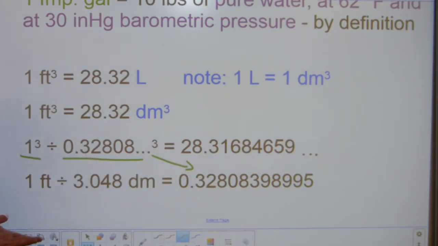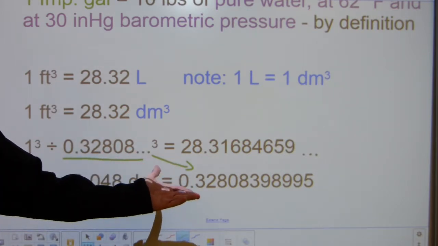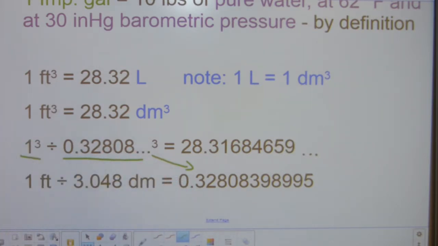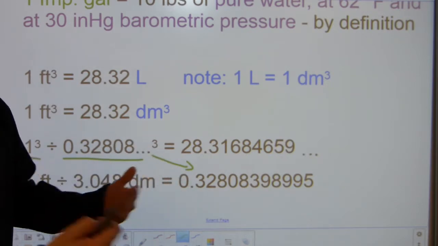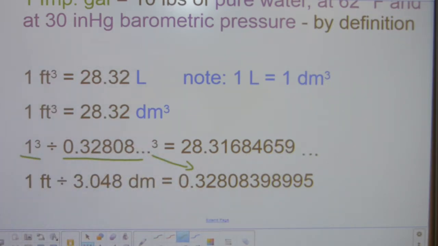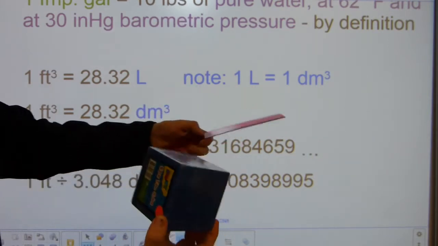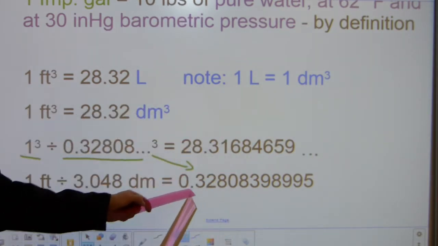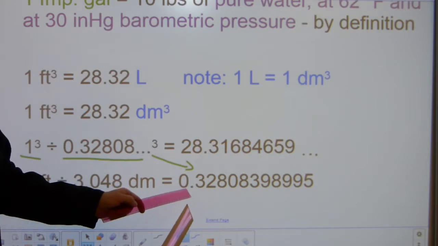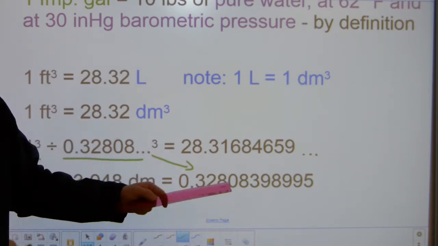What this number relates to is the length of a decimeter expressed in feet. So 1 decimeter is about this long. So 1 decimeter is about a third, 0.333333.